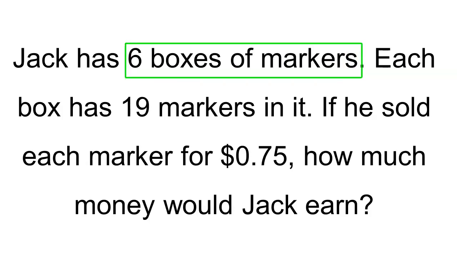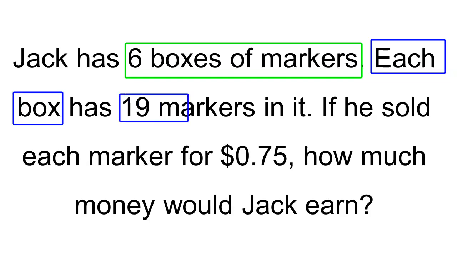What's also really important to know is that each box, one individual box, is going to have 19 markers in it. Okay, so each box means one box has 19 markers in it. And we know we have 6 total boxes.